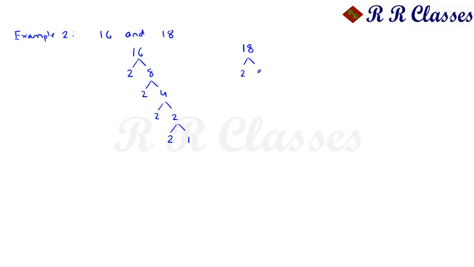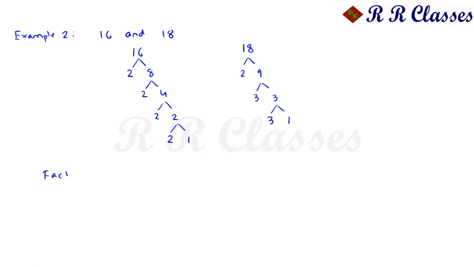Let us consider another example. 16 and 18. So prime factorization of 16 is 2 8s are 16, 2 4s are 8, 2 2s are 4, 2 1s are 2, and prime factorization of 18 is 2 9s are 18, 3 3s are 9, 3 1s are 3.